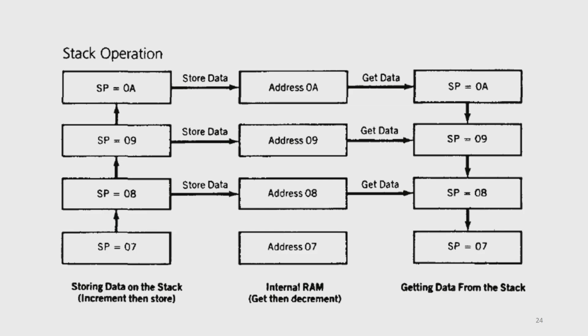Then, while retrieving the data we have stored, it automatically gets decremented by each location. So this block diagram explains the stack operation. Generally, the stack is referred to as last in, first out memory. So the data which we have stored last can be retrieved first. This block diagram explains the same.